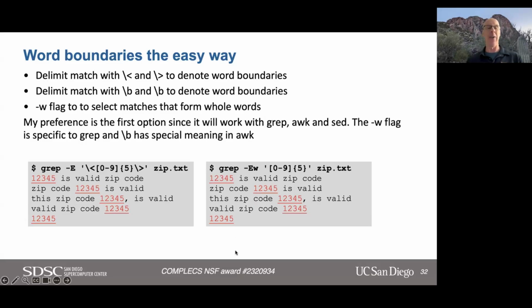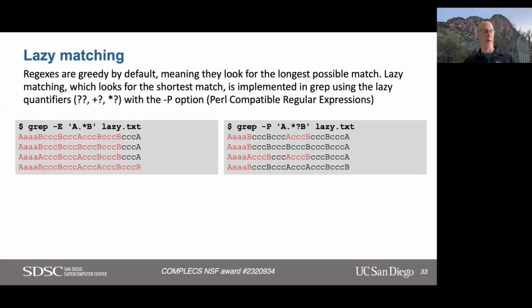You can see if I use word boundaries, in the first case backslash less than, looking for a string of exactly 5 digits, backslash greater than, I get my 5 matches, and I didn't pick up any extra characters. I didn't get those spaces or the commas. And you can see using grep -ew does the same thing.